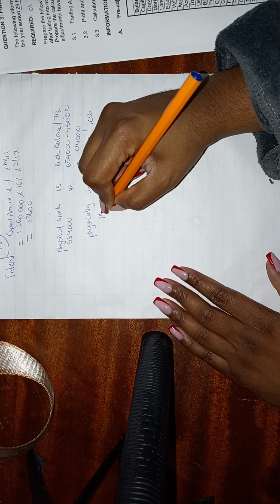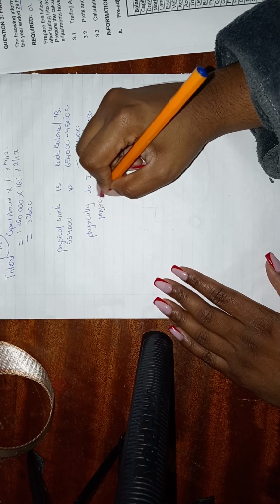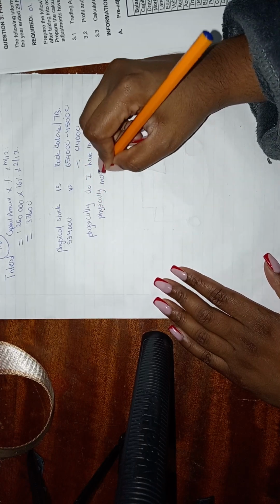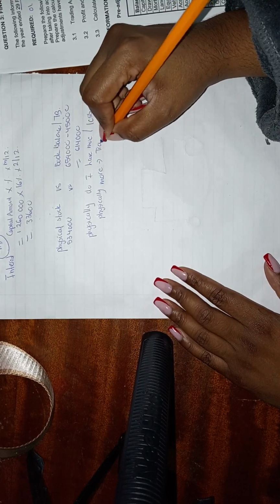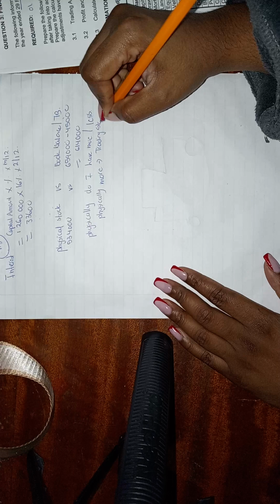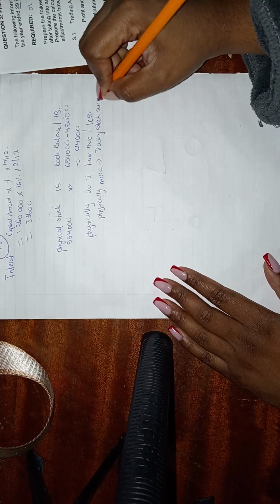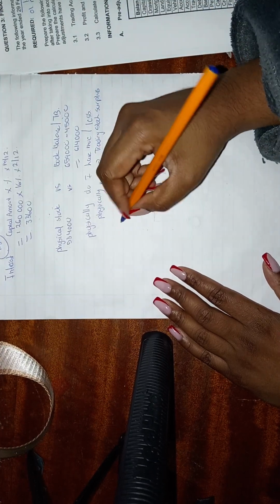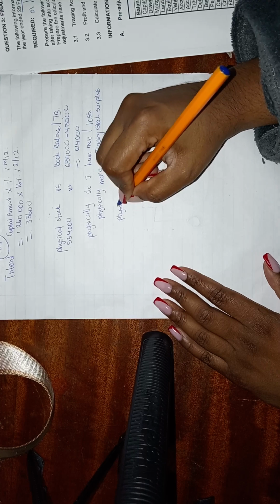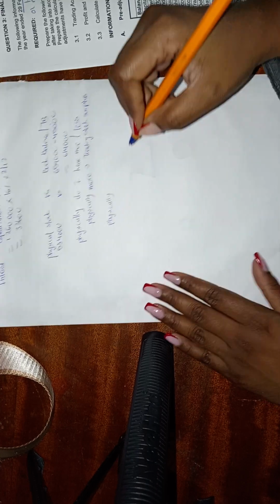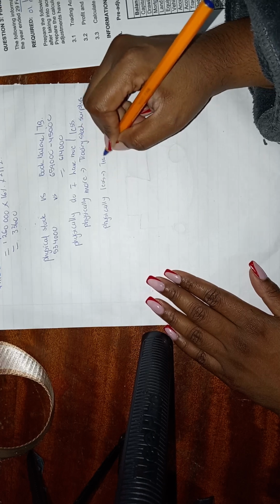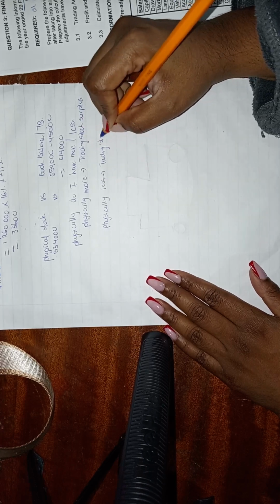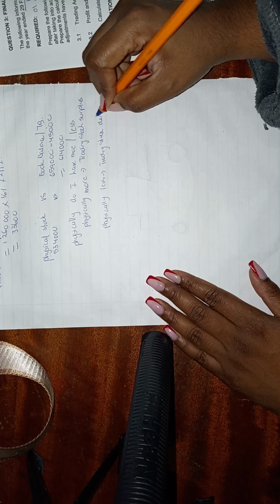If physically you have more, then this is equal to a trading stock surplus. But if physically you have less, then it's equal to a trading stock deficit.